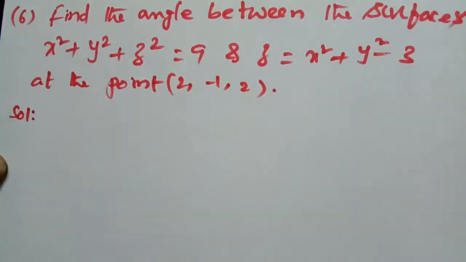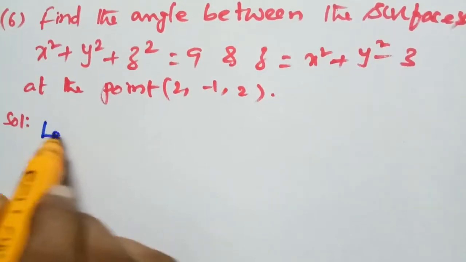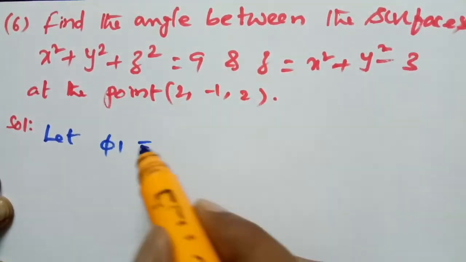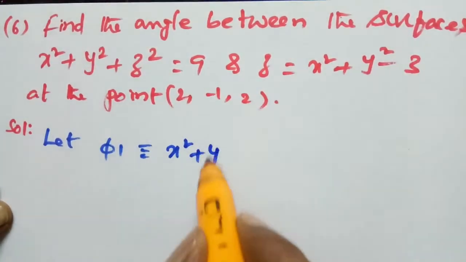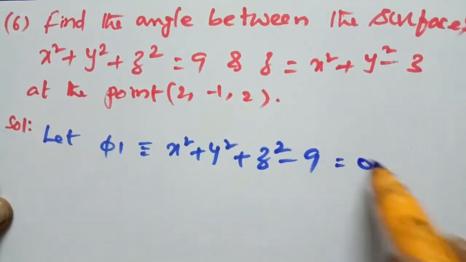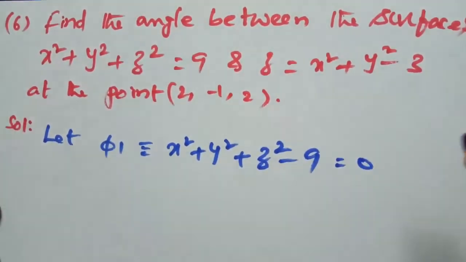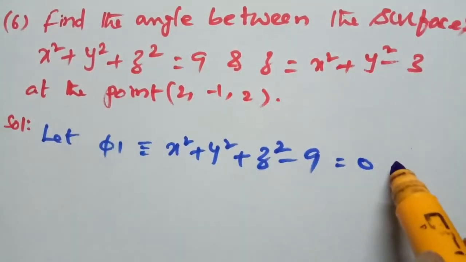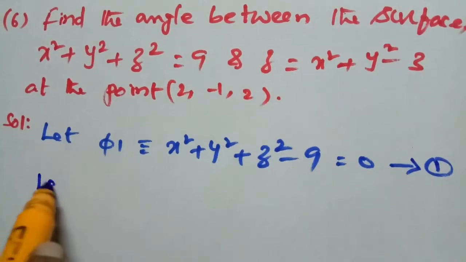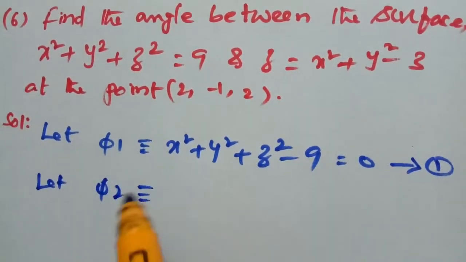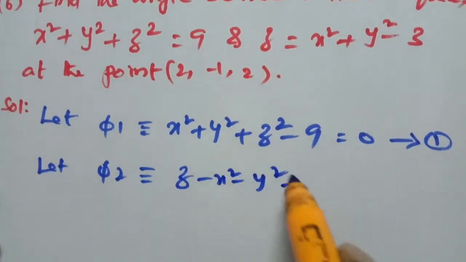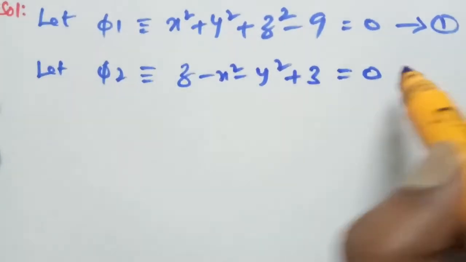Now solution, let phi 1 equal to x square plus y square plus z square minus 9 is equal to 0. Say this is equation number 1, and let phi 2 equal to z minus x square minus y square plus 3 equal to 0.